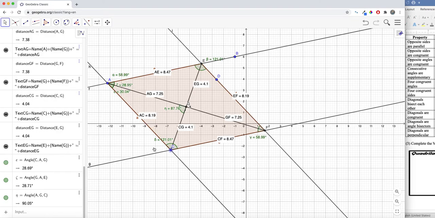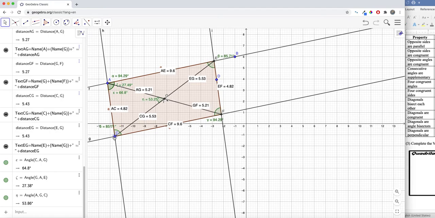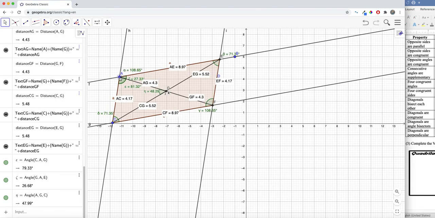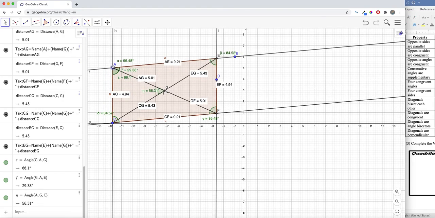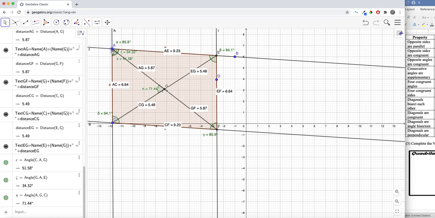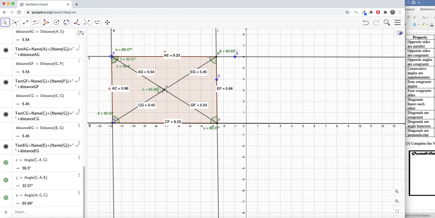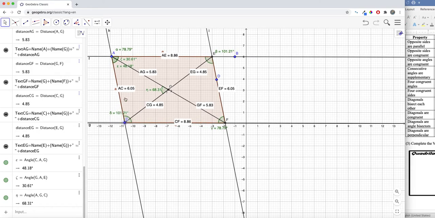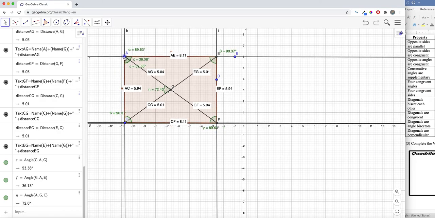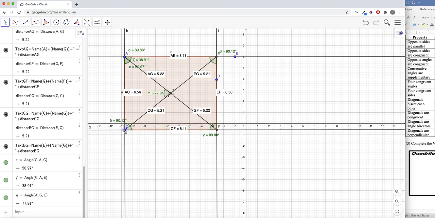So I'm going to move this. We need to have 90-degree angles for it to be a square. It's harder than I thought.